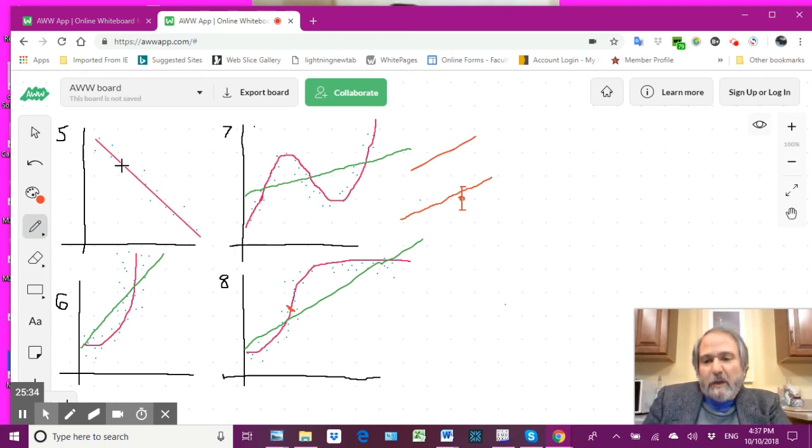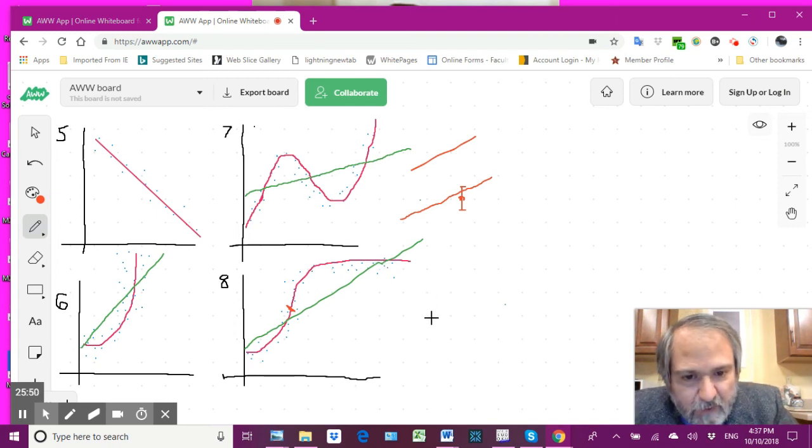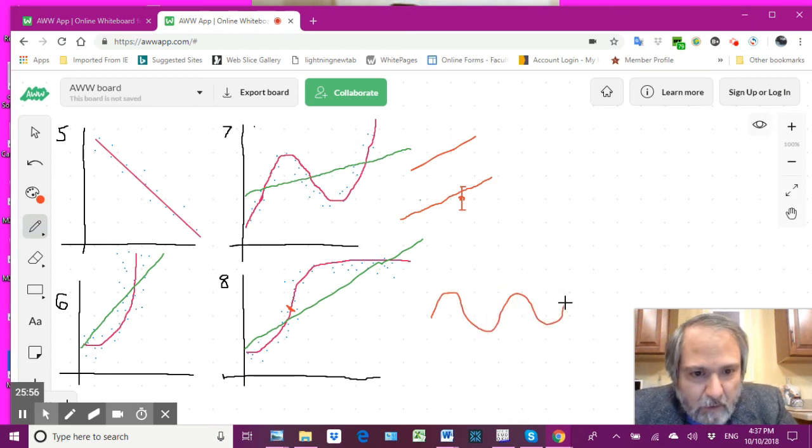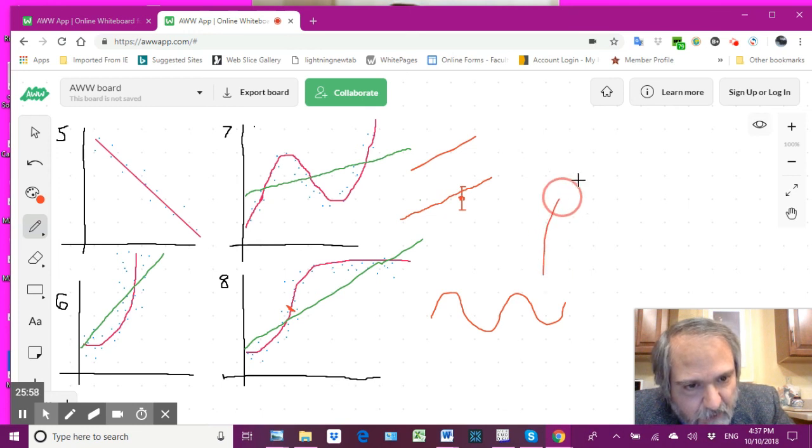So you can have cases where a straight line does nicely, or other cases where you might need to use a curvilinear function. This is exponential, this is cubic, this is logistic. You could have others that are trigonometric, let's say, if it's a sine wave, or a log function that just does that.